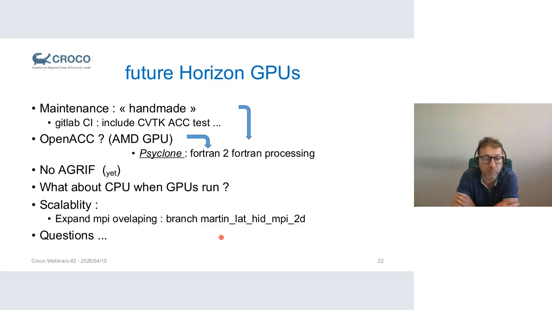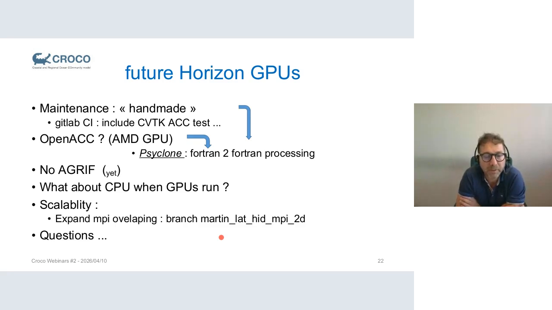What will it become? Because AMD GPUs are less expensive than NVIDIA GPUs, but AMD still does not maintain OpenACC directives. Maybe one solution will be to use Cyclone, which is a Fortran to Fortran preprocessing.